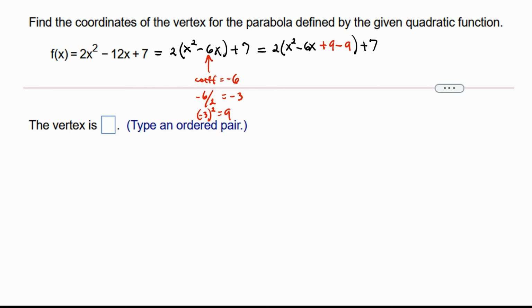What the late, great Professor Dr. Wallace Maryland would say, all we've done was to add a sophisticated 0. The part that I want is the plus. So I get rid of the -9, so I take it outside the parentheses. So to do that, we have 2 times x squared minus 6x plus 9.